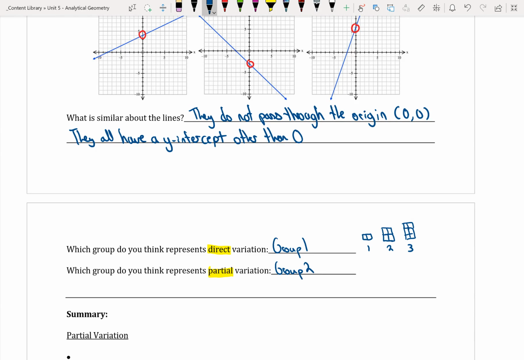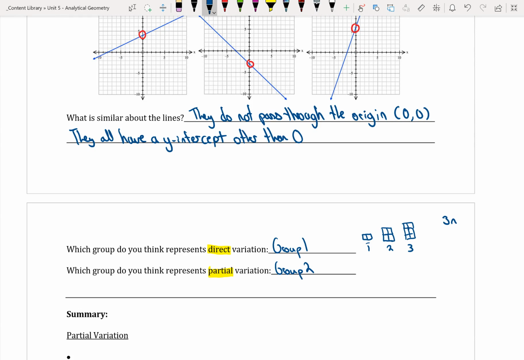So there's a direct relationship between the term number and the number of squares. And what that relationship is, if you think about it numerically or algebraically, is just 3 times my term, or 3n.